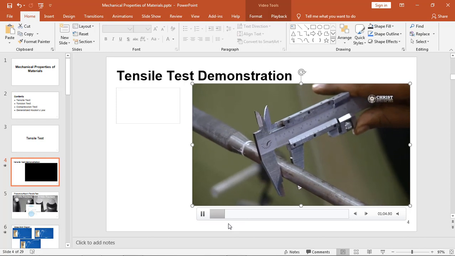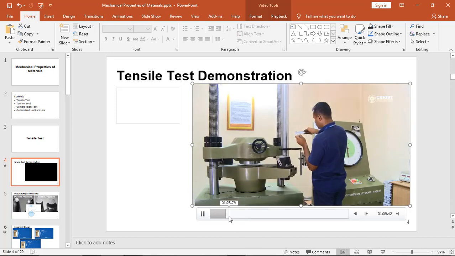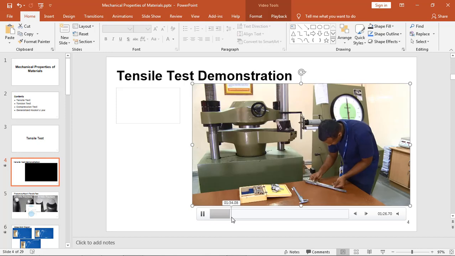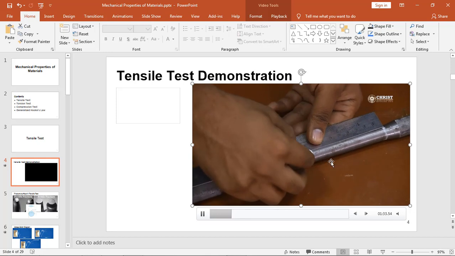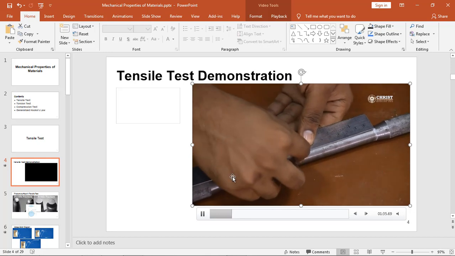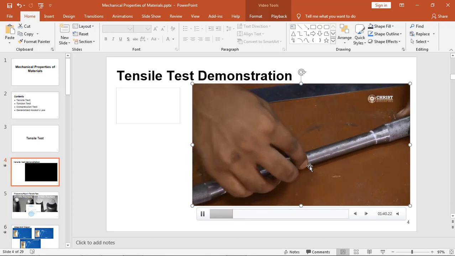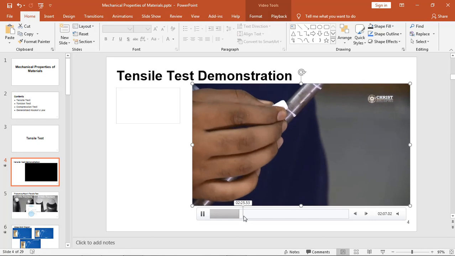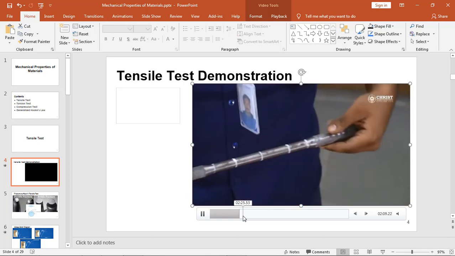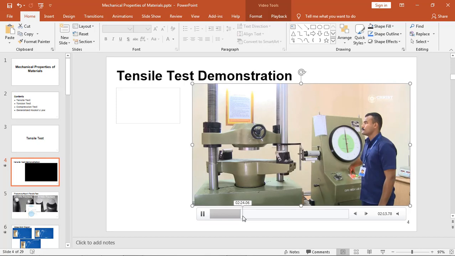Initially the diameter is measured, which is required to calculate stress from the load, and this is the initial gauge length. You can see the two chalk marks, that is the gauge length, and we actually measure the elongation of the gauge length. The center marking is done, and after that you can see two other markings to set the extensometer position. An extensometer is a device to measure the elongation.